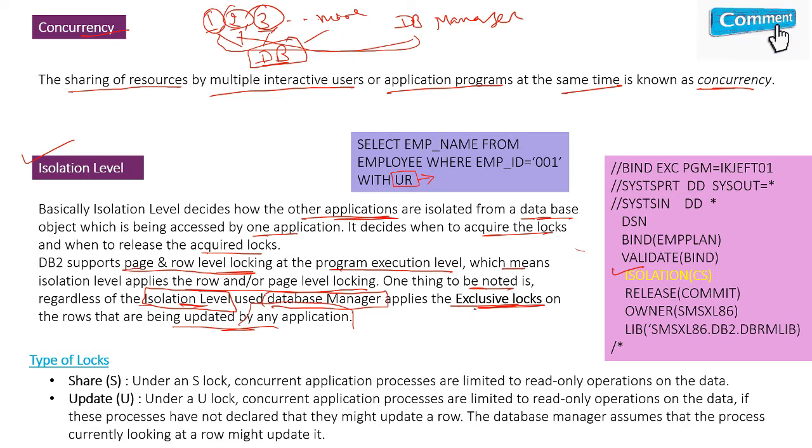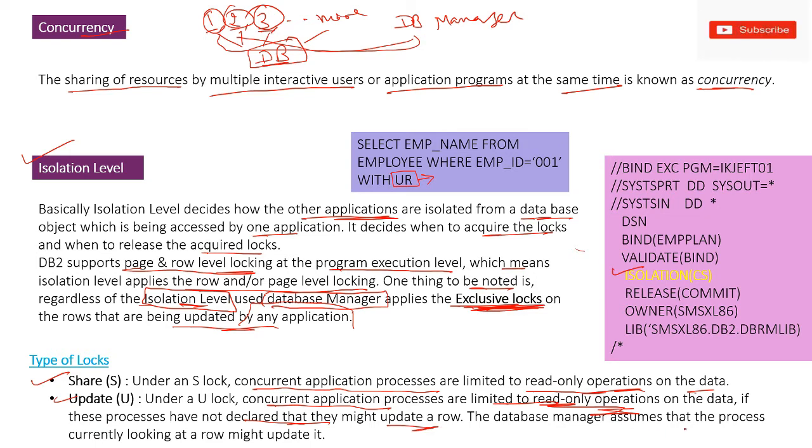There are different kinds of locks. First is the share lock: concurrent application processes are limited to read-only operations on the data. Then, for update, under a U lock, concurrent application processes are limited to read-only operations on the data, if these processes have not declared that they might update a row.